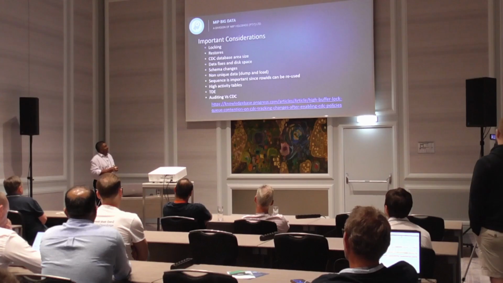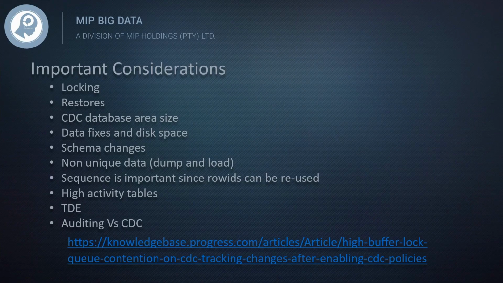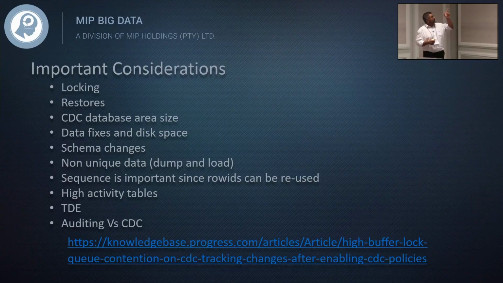Also, non-unique data dumps and loads become a problem because if you're dumping your data based on row IDs and you do a dump and load, those row IDs get regenerated. So the data will not survive a dump and load. Another important thing is that sequence is important because row IDs can be reused.